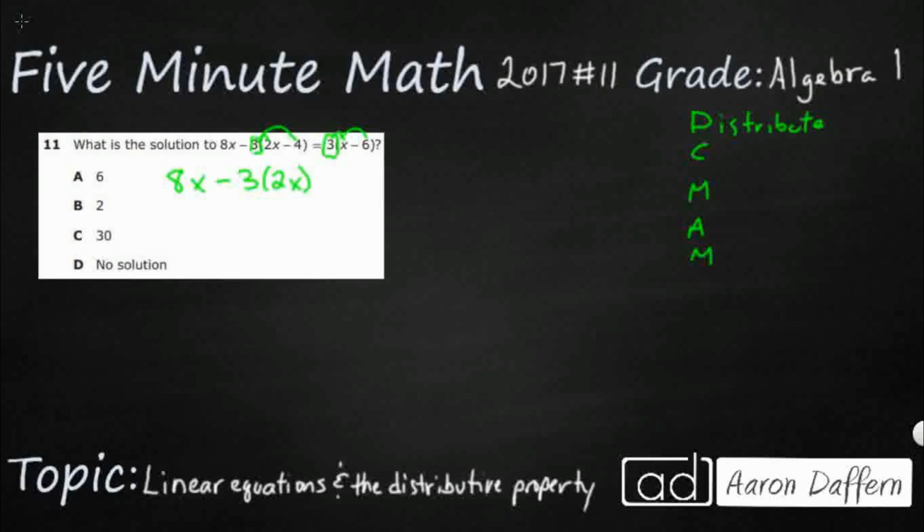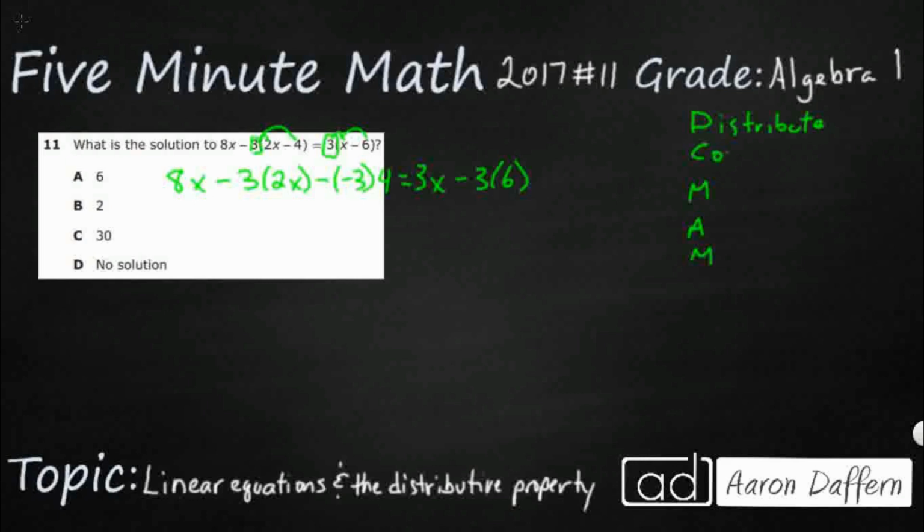And then I've got the minus, and then I end up having a negative 3 here to the 4, because that negative goes with the 4. And so now we've got a 3 to the x minus a 3, 6. Okay, so now we've distributed.